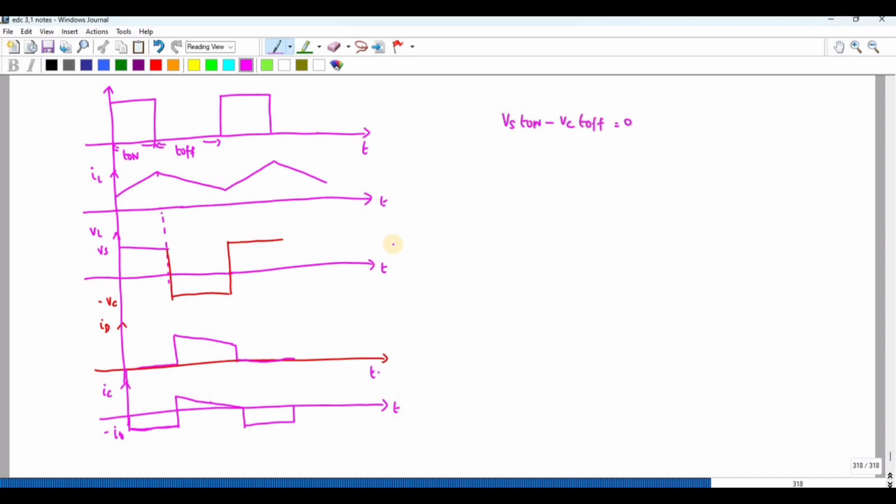So T on into Vs minus Vc into T off is equal to 0. So from this diagram, I can write Vs by Vc is equal to T off by T on.